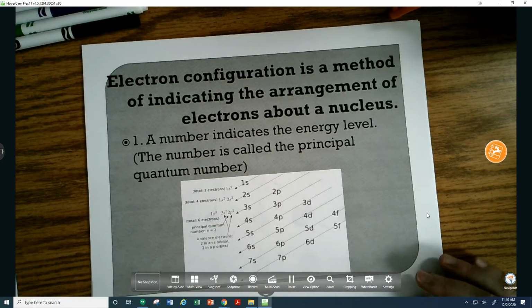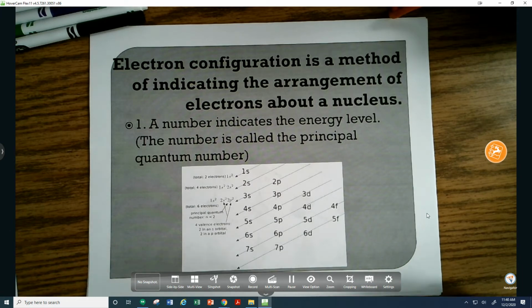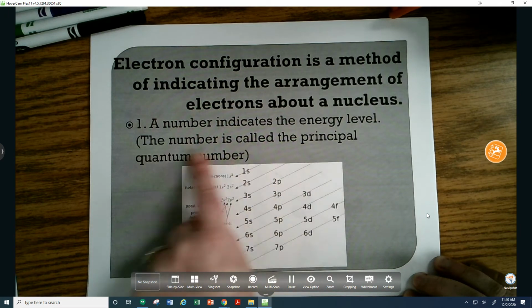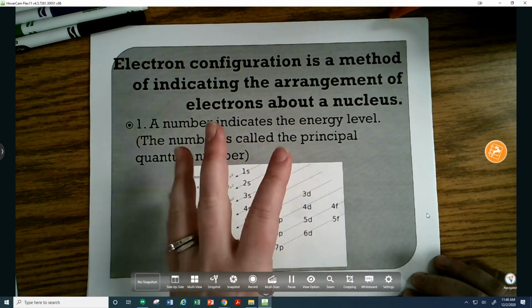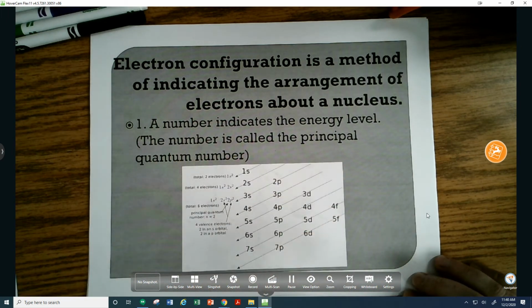So an electron configuration is basically, like I said, like an address to where electrons are found. And there are different parts to an electron configuration, just like you have different parts to your address. The first thing we have is the energy level, and this is called the principal quantum number. If you go on to take AP chemistry, this gets to be a much deeper topic. We're just skimming the surface when it comes to electrons and configurations.